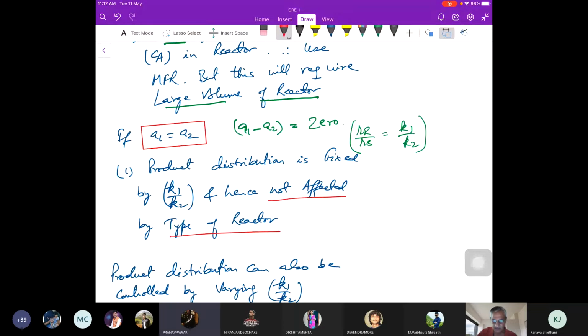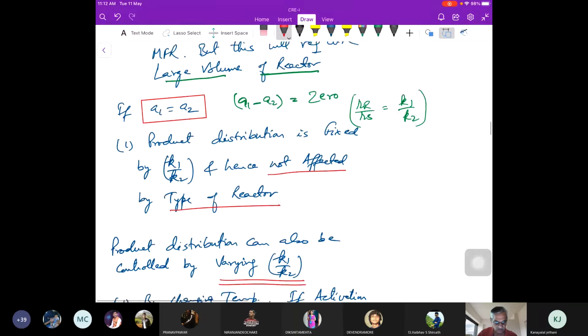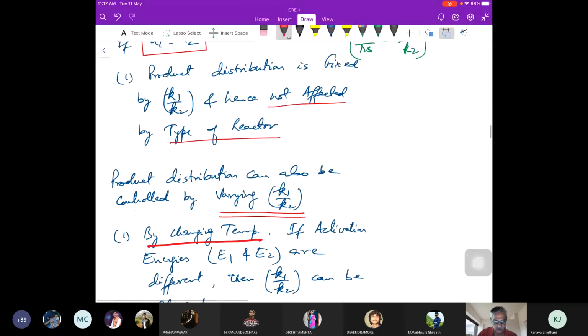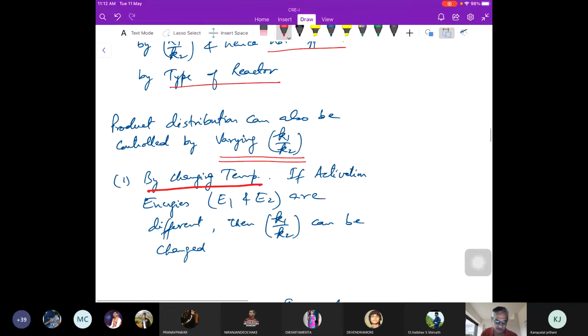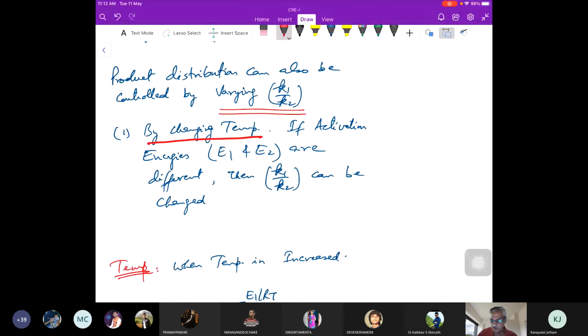Activation energy. So we'll see the effect of activation energy. If activation energy is low, what do we do; if activation energy is high, what happens. So that will have an effect in this case. Okay. So product distribution can also be controlled by K1 by K2 by changing temperature. If activation energies are different, then K1 by K2 can be changed. If they are similar, then there will be no effect.